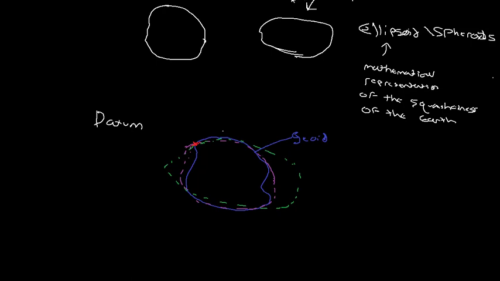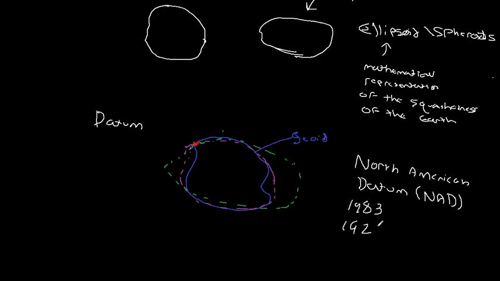So you end up with things like the North American datum, NAD, right? We have 83 for 1983, and we have one from 1927. So you'll see NAD 83 and NAD 27 come up a lot when you're dealing with data from North America. You'll also see WGS 84 come up a lot.